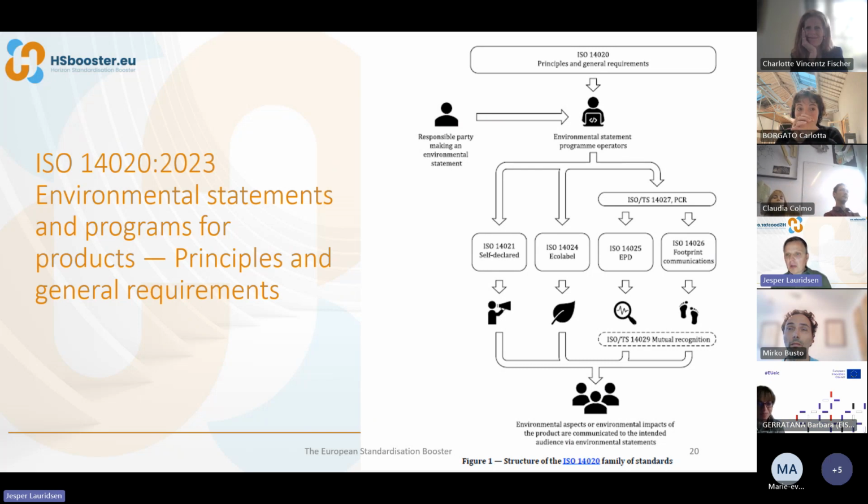Sorry. When we had the 14024, which is used by Blaue Engel and the Swan in the northern countries, we have a national scheme. So that means that in Denmark, the Danish EPA has appointed the secretariat, which is actually in Danish Standards, to do this eco-label, and they make the criteria for the eco-label, and they do them according to this, but they are the verification procedures. That is a national scheme in Danish Standards that has this secretariat.